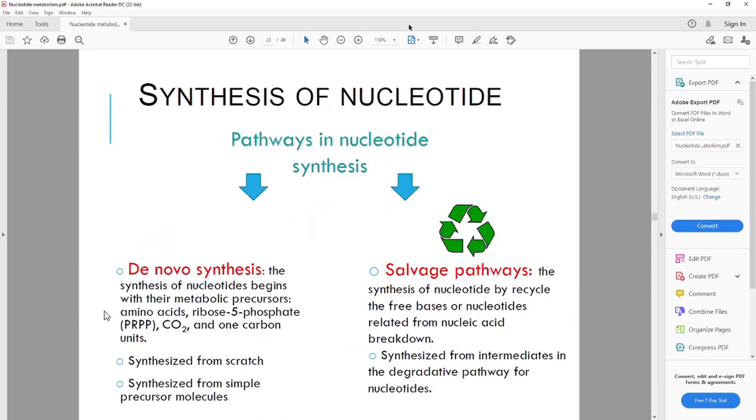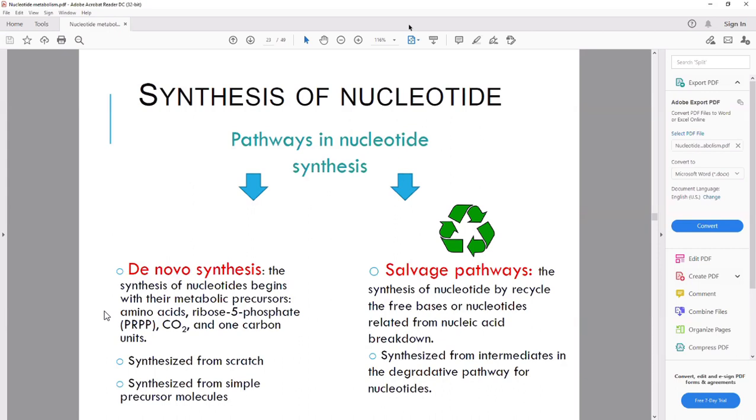The last topic we discussed the degradation pathway. In the degradation pathway there will be removal of adenine, guanine, and also hypoxanthine. So these three components are going to be recycled.